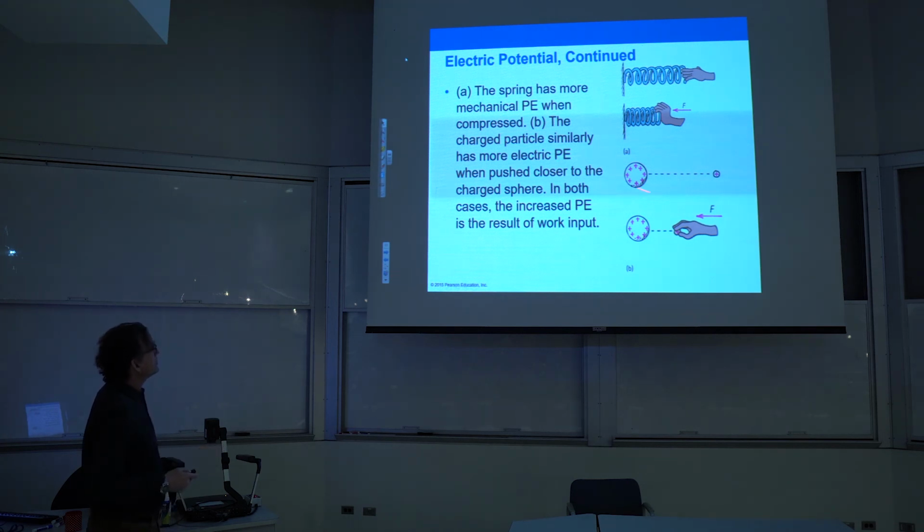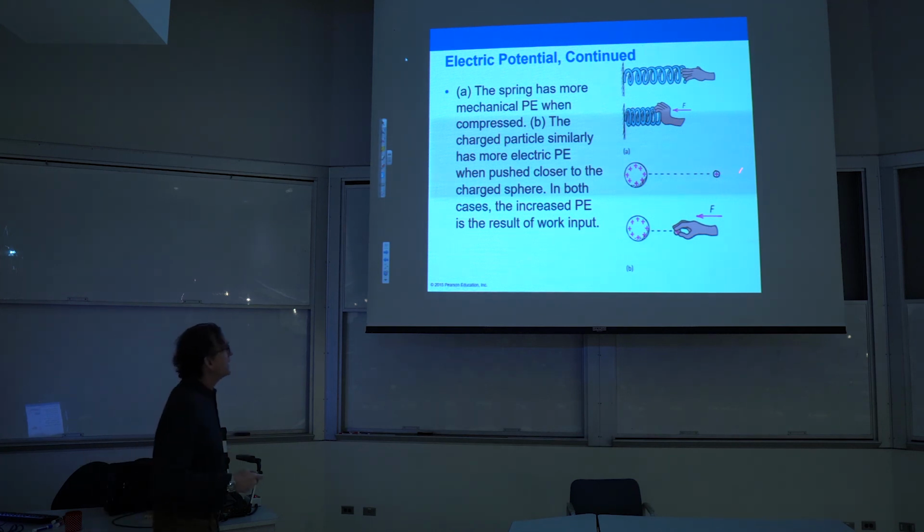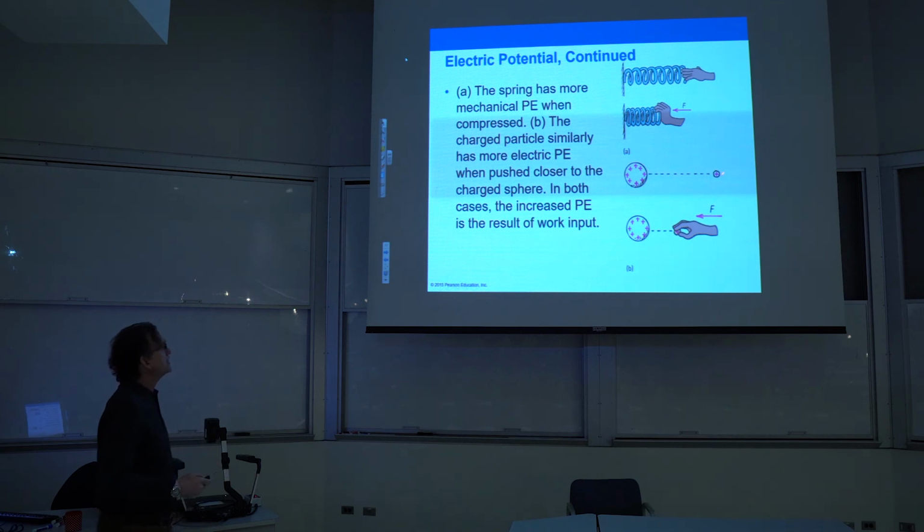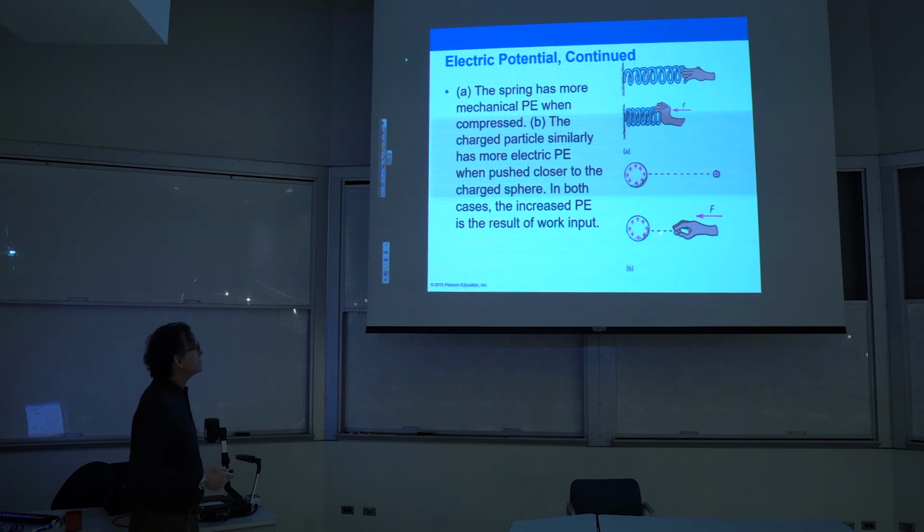In the case of the charged particle, we are doing the same thing as compressing the spring, if in fact the two charges are positive, because now the positive charges want to push against each other, so I have to apply a force pushing it towards the center of the sphere, which will increase its potential energy, because when I release it, the electric force will accelerate it and cause it to move outwards.